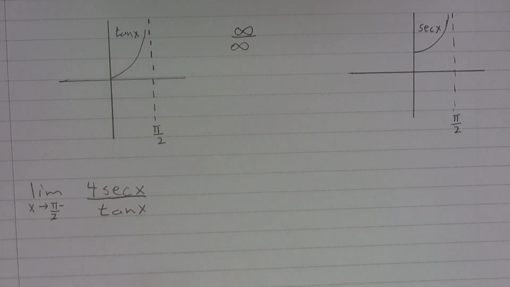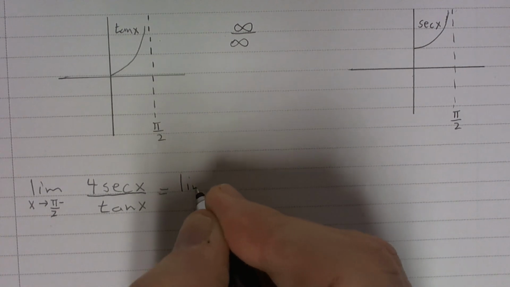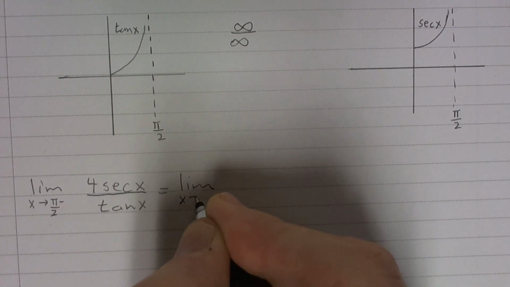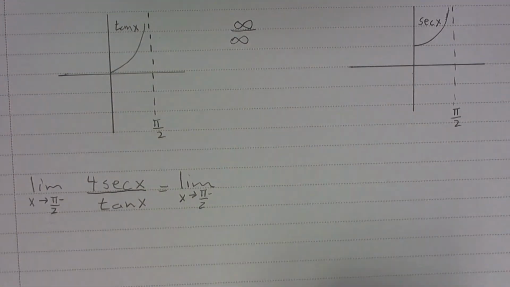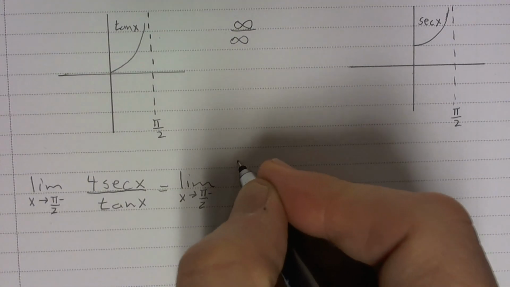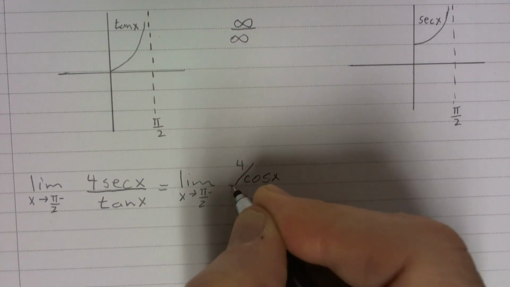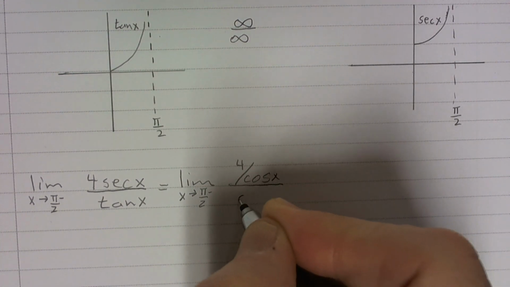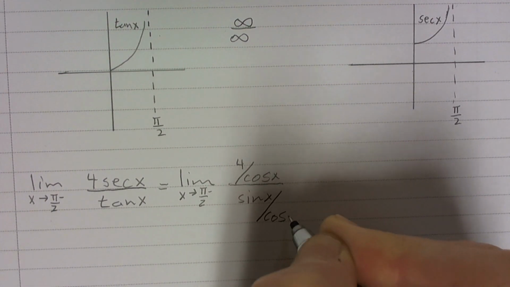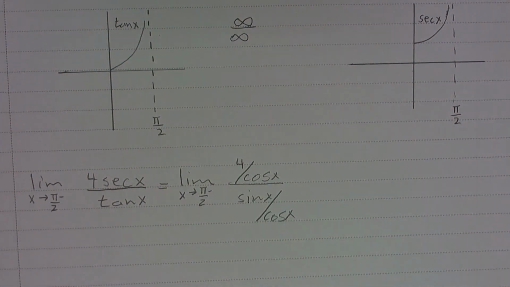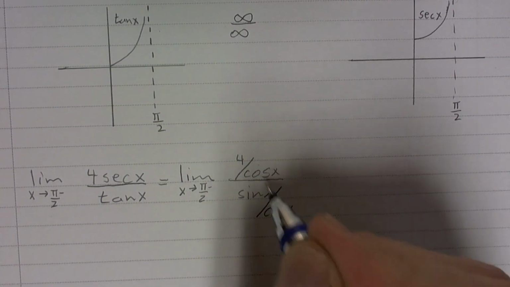Now, remember, when we're simplifying trig functions, one of the tricks that we often use is to convert everything to be in terms of sine and cosine. So, for example, up here I've got 4 over cosine x. That's what secant is. And down here I've got sine x over cosine x. That's what tangent is. And you'll notice here that the cosines divide out.